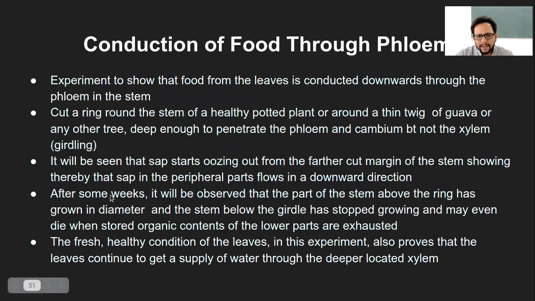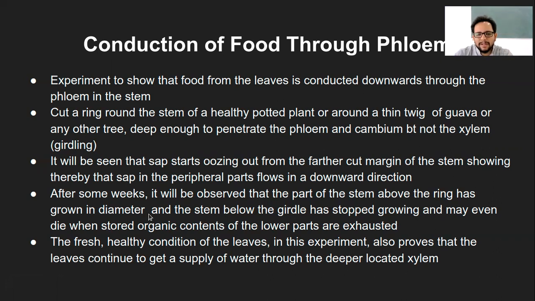Now you let this situation persist for a longer amount of time. After some weeks, it will be observed that the part of the stem above the ring, that is the cut region, has grown in diameter, and the stem below the girdle, that is below that ring, has stopped growing and may even die when the stored organic contents of the lower parts are exhausted.